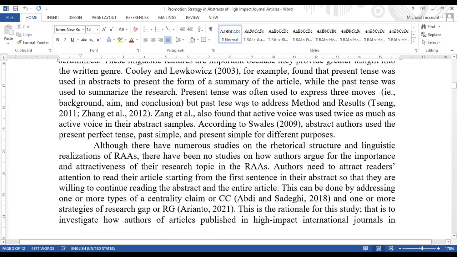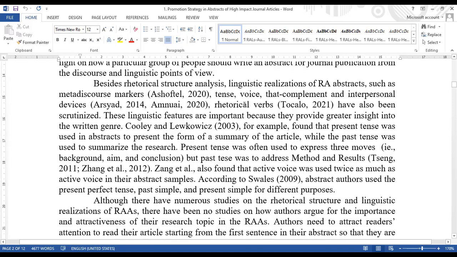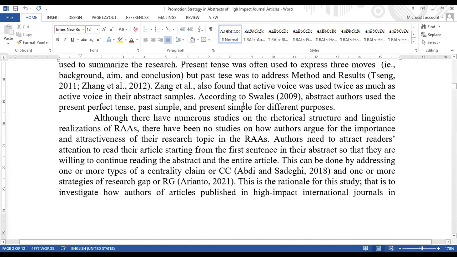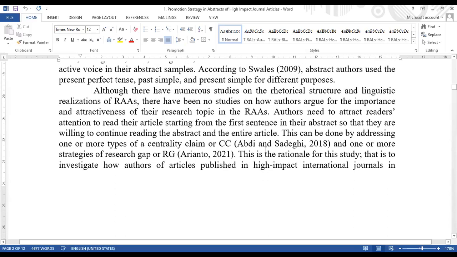These studies are only about what moves are found in the abstract. There is no further study looking at how authors attract readers' attention, the way authors motivate and encourage readers to read their abstract.